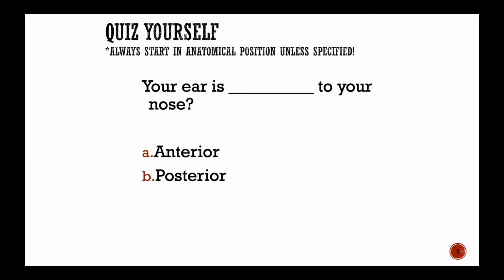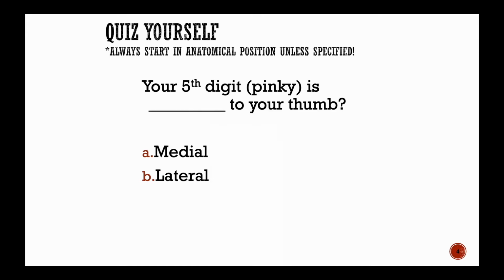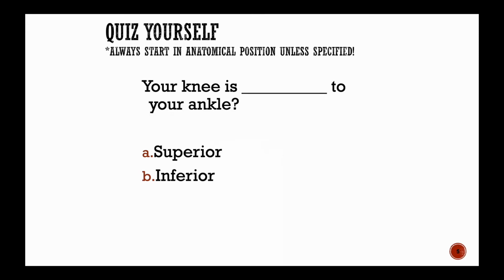So let's do a little bit of quiz and see what you already know. So let's go ahead and answer this question. How about this one? Your fifth digit or your pinky is what to your thumb? Your knee is what to your ankle?